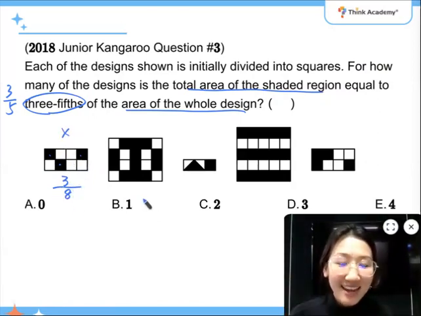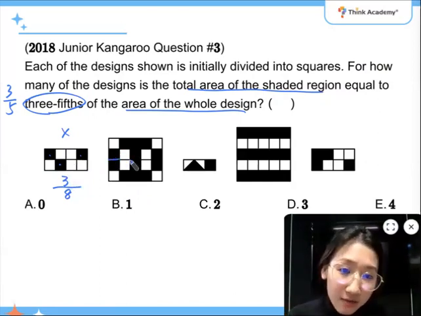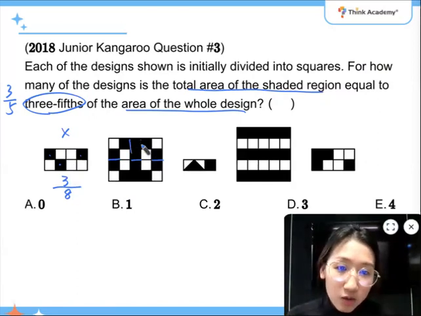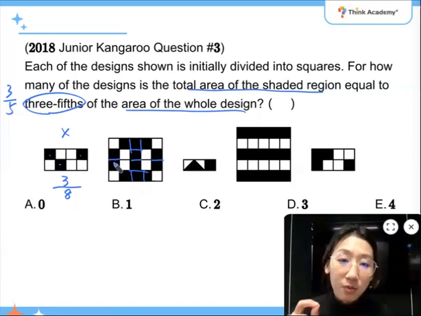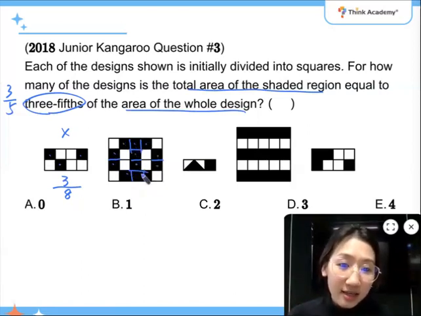Let's put a cross here. And then for the second one, you can also count. It's a little bit obvious here. You can try to make it more obvious, or you can just use your imagination. Basically, we have 1, 2, 3, 4, 5, 6, and 7, 8, 9, 10, 11, 12. 12 such squares have been shaded. And in total, how many are there?